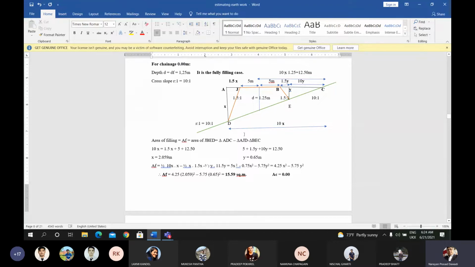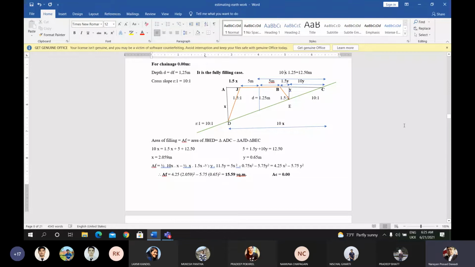You can see at the top, from A to C, this is 10x, the value is 1.5x plus 5 meter plus, from the center line to the point, 12.50. So 12.50 plus 5 meter plus 1.5x will be the 10x. The 10x is equal to 1.5x plus 5 plus 12.50, and on solving this, the value of x will be 2.059 meter.